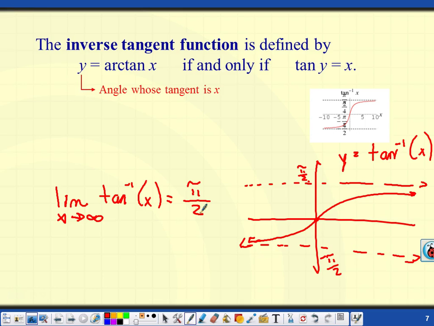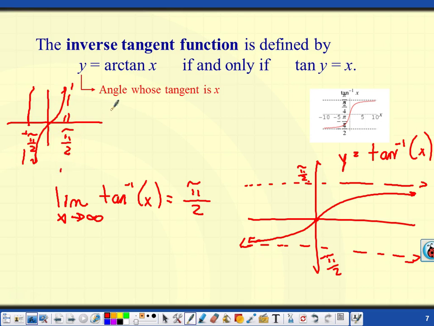Okay, so what would be the domain of this problem? All real numbers, and the range. Okay, so when you flip back to the tangent, what we just said for the range was the restricted domain, negative pi over 2, pi over 2. And the range of tangent was all real numbers, remember, because the tangent looked like a little squiggle like this.